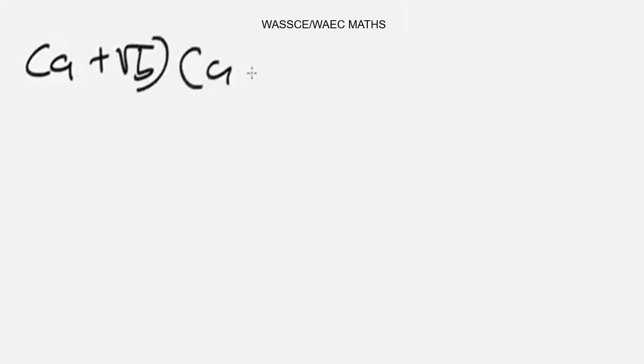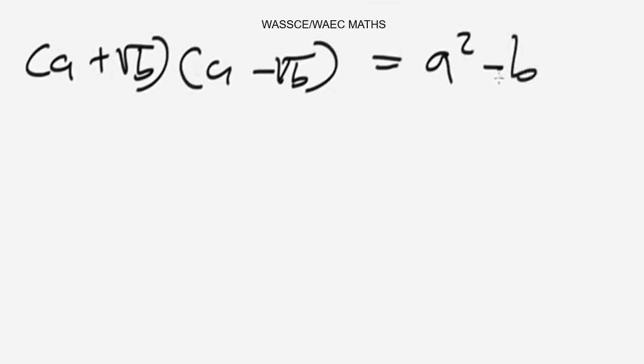Let's wipe this. When we have something like this in bracket A plus square root of B, okay, and bracket A minus square root of B, and we are asked to simplify this, our final answer would be A square minus B. Let me show you how you will get to A square minus B. The same technique, just like when you are multiplying algebraic expressions that have double brackets.